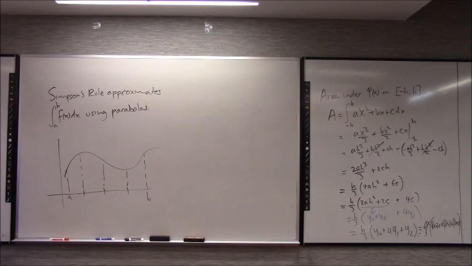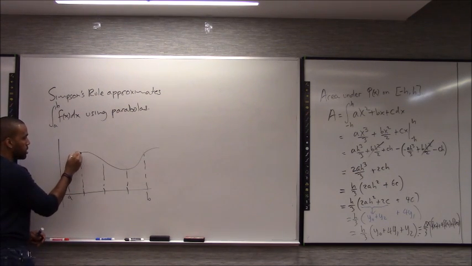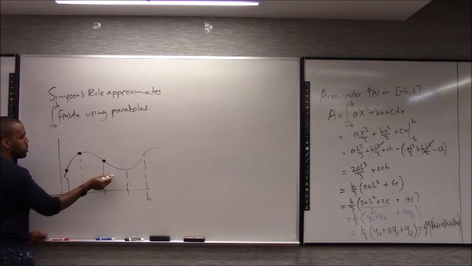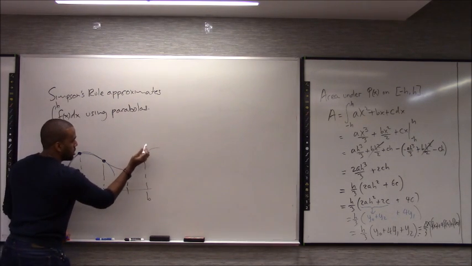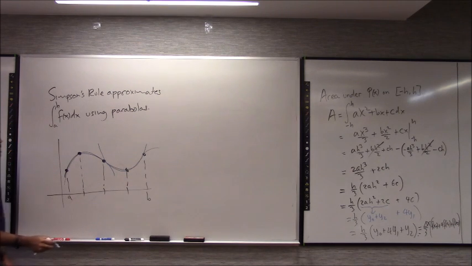And it's going to go through these endpoints here, and it's going to find a parabola that moves through those 3 points. And then it finds another 3 points over here, and it finds a parabola that moves through those 3 points. And then it defines the area under the curve to be the area under these parabolas.